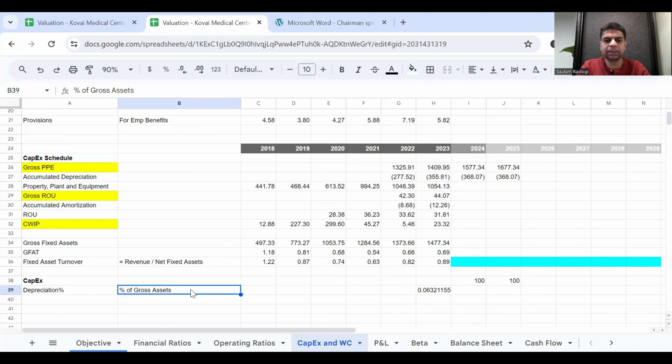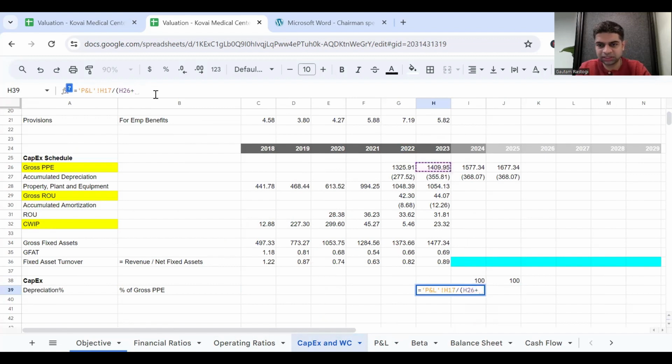In fact, it should be H26 plus, let me add all the gross line items. So this is 6.03, 6.22. So my depreciation as a portion of PP is around 6%.